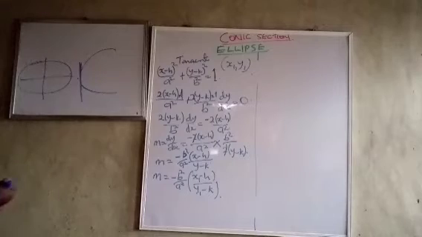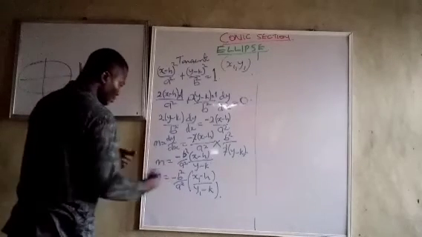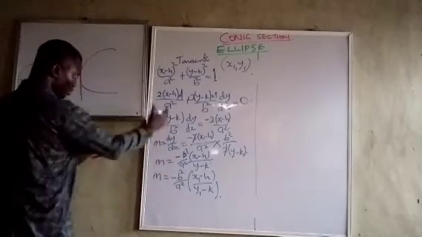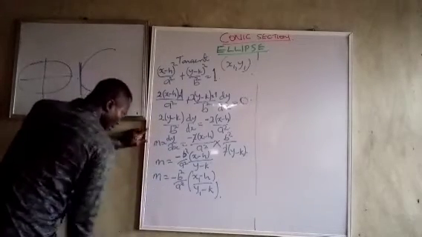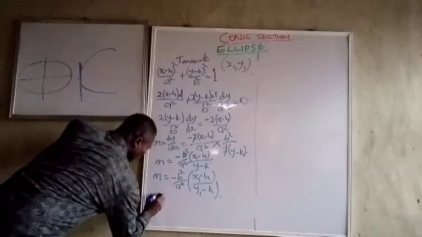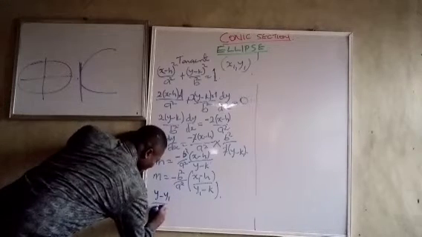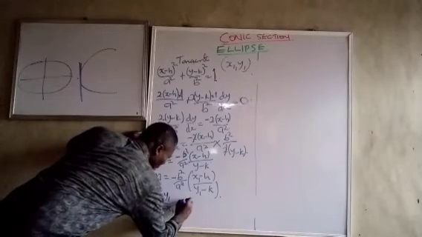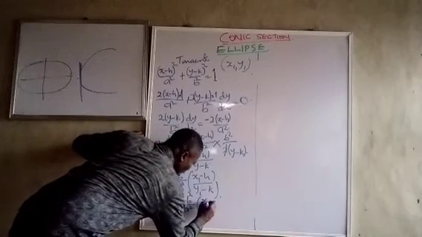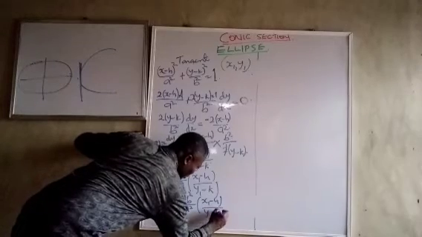There are still so many kinds of equations under the conic section, but when we are solving questions, we'll do some other ones. Now everything is very easy, please just follow. We now have y minus y1 over x minus x1 equals minus b squared over a squared into x1 minus h over y1 minus k.